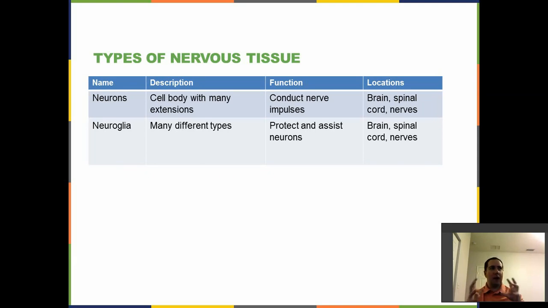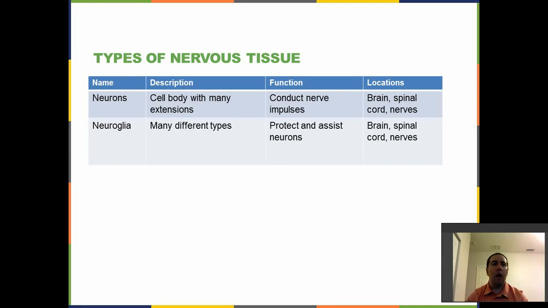So when you picture the nervous system, and you've seen these pictures with cells with all these little branches coming off, you are thinking of neurons. They are the fundamental or the functional cells of the nervous tissue. They carry those signals, the electrical signals from one place to another.